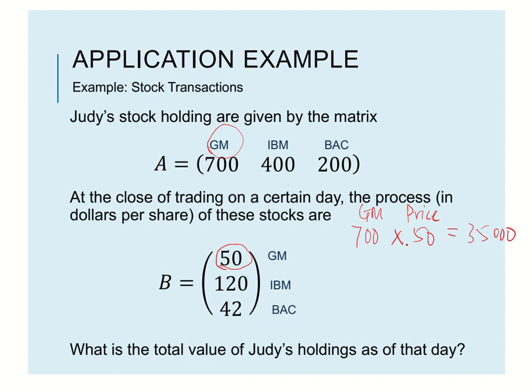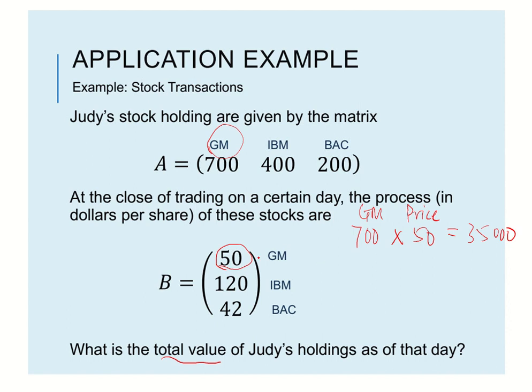This is how we calculate the value of Judy's holding, especially for GM in this case. Now, if we want to find the total value, we need to perform the multiplication for these three companies, GM, IBM, and BSC. Is that possible to do in a single calculation?